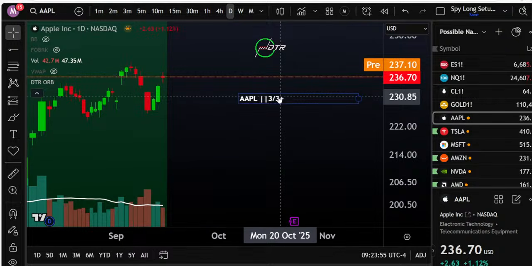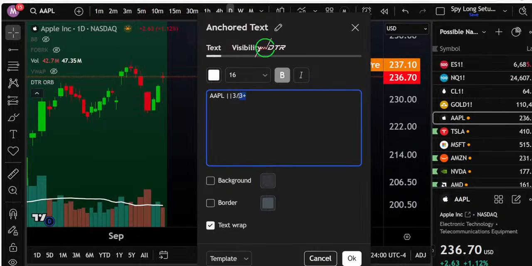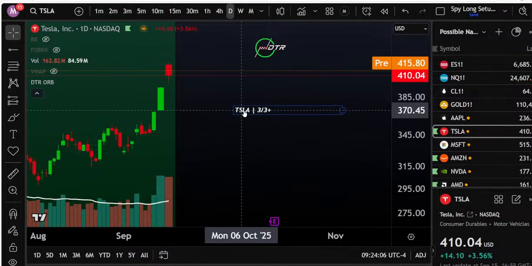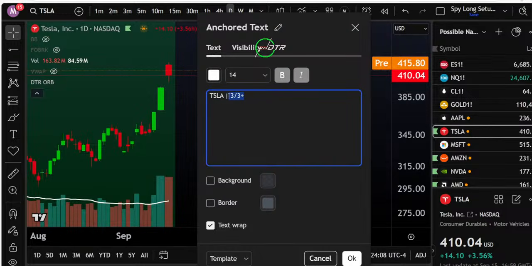All right, Apple, obviously indecision, doji. So red candle, decreasing volume, gap up, 1 for 3. Tesla, red candle, decreasing volume, gap up. I guess technically a 1 for 3.